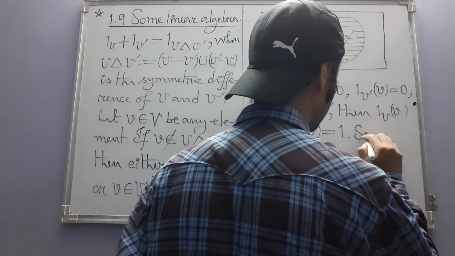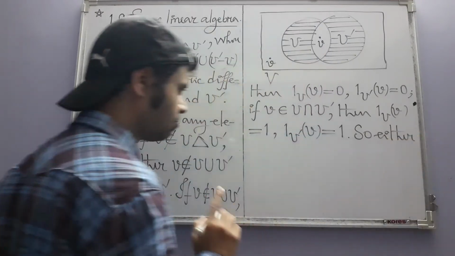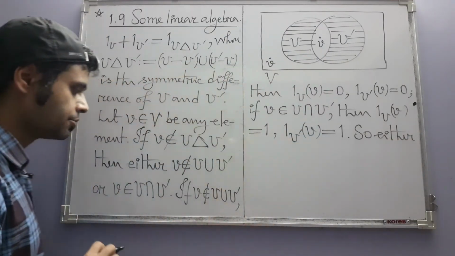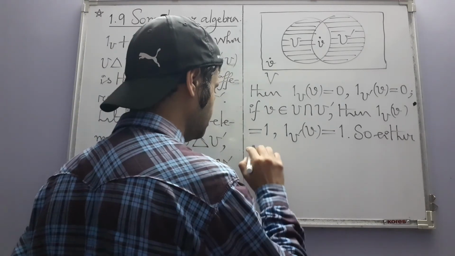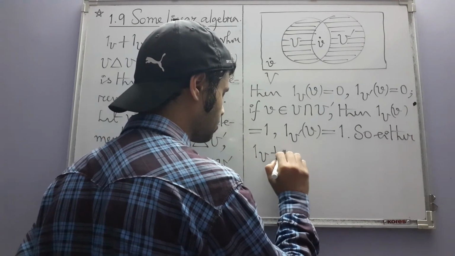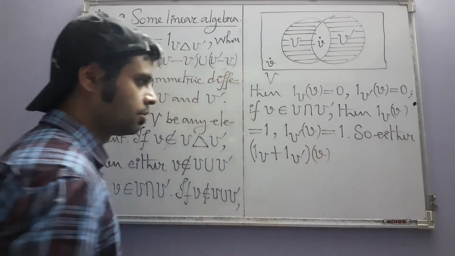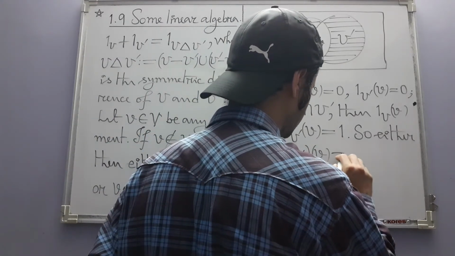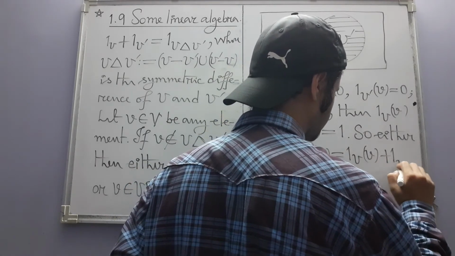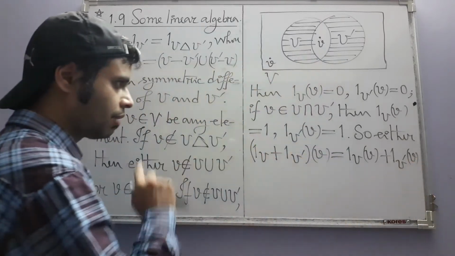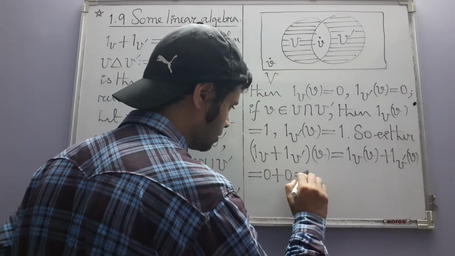Now using these values we calculate the value of this sum at phi. By the definition of sum, this is equal to 1u of phi plus 1u prime of phi. So in the first case, this is 0 plus 0, which is equal to 0.